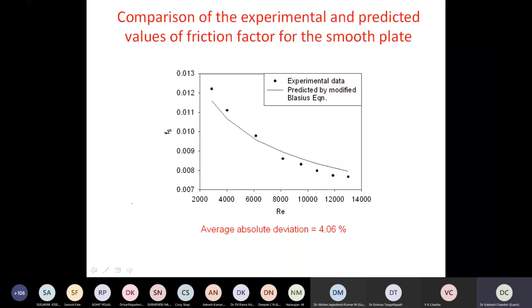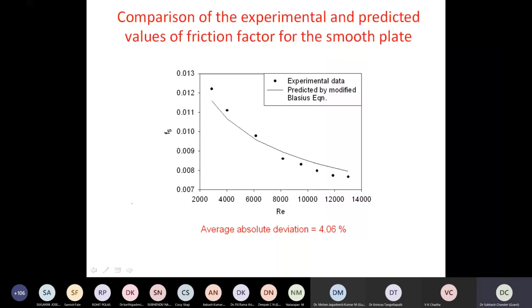Errors of the range of 40%, 30%, 20% are unacceptable. If it is 4-5% error, it should not be seen as a huge error, because we are comparing with something already derived from experiments, which has its own error, and it comes in the range of 4%, so it should be acceptable.